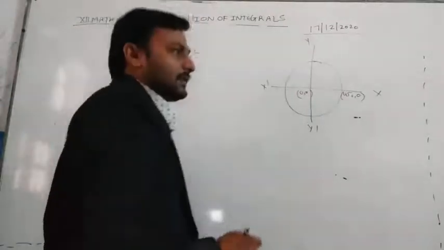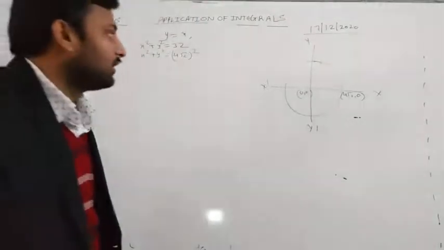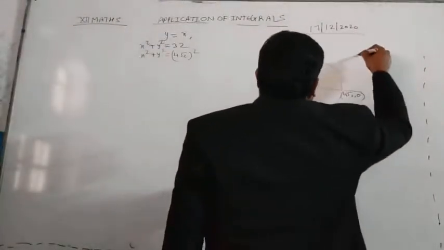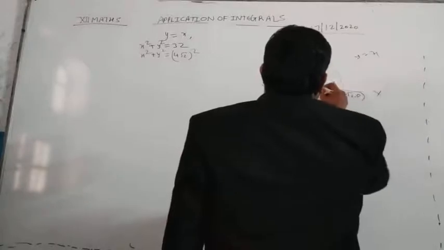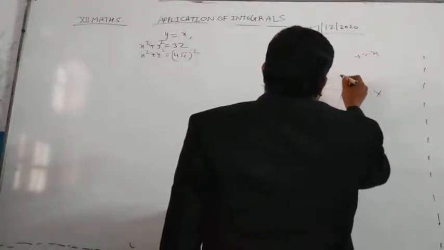Now the line y is equal to x means a line which is passing through the origin. So we can draw the line y is equal to x. So this is the bounded region which we are getting from here. Now we'll find out the intersection point of these two curves.